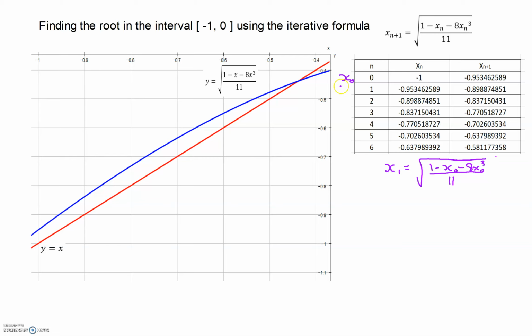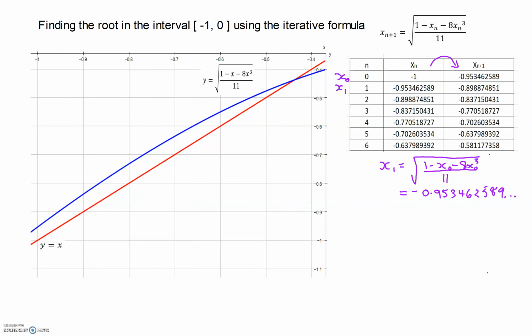We're going to generate x1 by substituting that into our iterative formula, as I've shown at the bottom, and that's going to generate our value of x1, which the spreadsheet gives as -0.953462589. And remember, this is just to 9 decimal places, because that's what Excel does. And we're going to look graphically. So again, let's follow the same process.